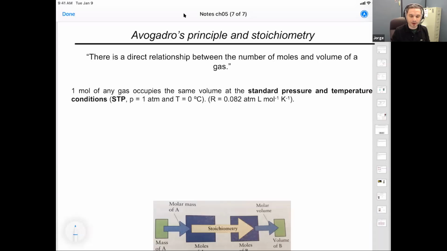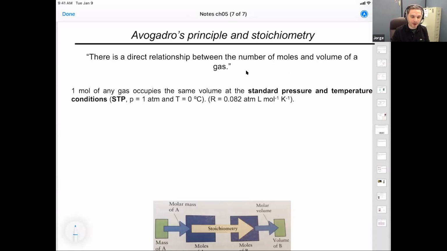As we saw before, P times V equals n times R times T. Therefore, it's clear that there is a direct relationship between number of moles and volume of a gas.